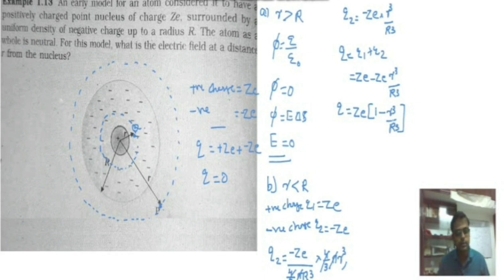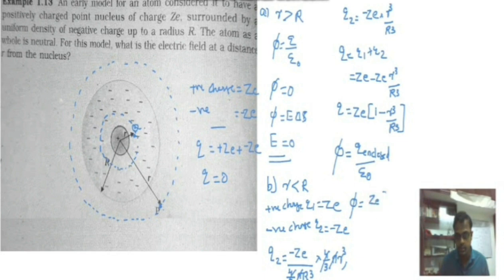Now apply the Gauss theorem. What is the Gauss theorem talking about now? Flux phi is equal to the total charge enclosed divided by epsilon 0. So I can write here phi is equal to, what is the total charge enclosed here?